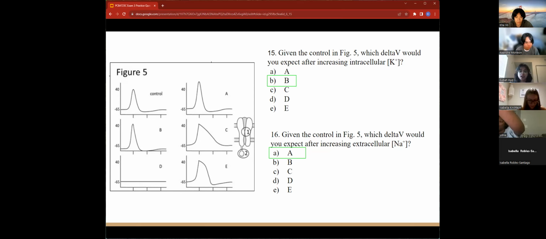So if there's way more potassium inside the cell, then there's an overall greater amount that's trying to leave the cell. And so that's going to result in the membrane potential becoming even more negative. So with B, it's the fact that the resting potential area is lower than -65.